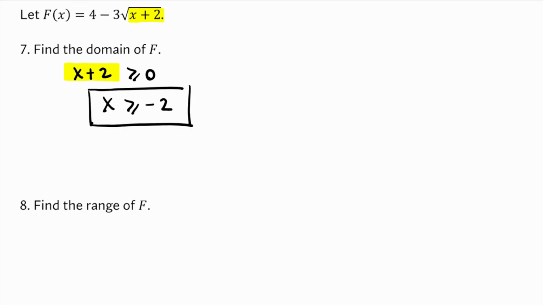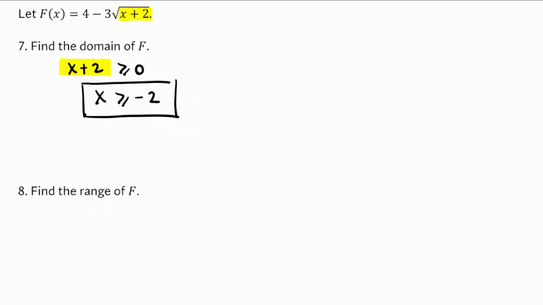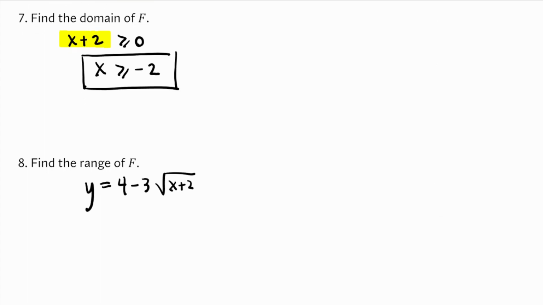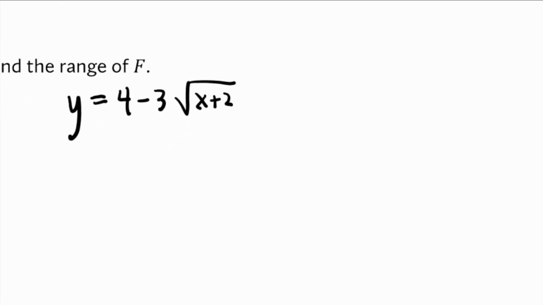All right, the range. That's what's going to be tricky on this one. I see what's going to happen here. y equals 4 minus 3 times the square root of x plus 2. So this is always going to be 4, but then I'm subtracting 3 times something that's always positive.